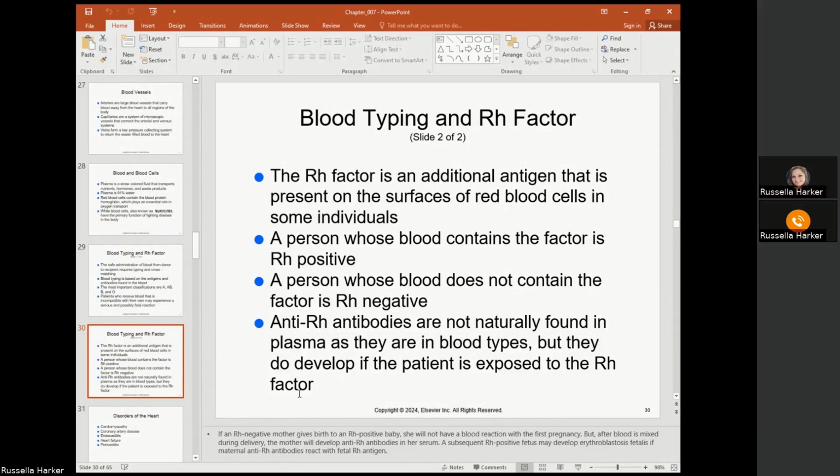So a subsequent pregnancy with an RH positive fetus may develop erythroblastosis if maternal anti-RH antibodies react with the fetal RH antigen. So that just means that if they have another RH positive baby, they would have to have a shot called a RhoGAM shot to make sure that nothing happened to the fetus.